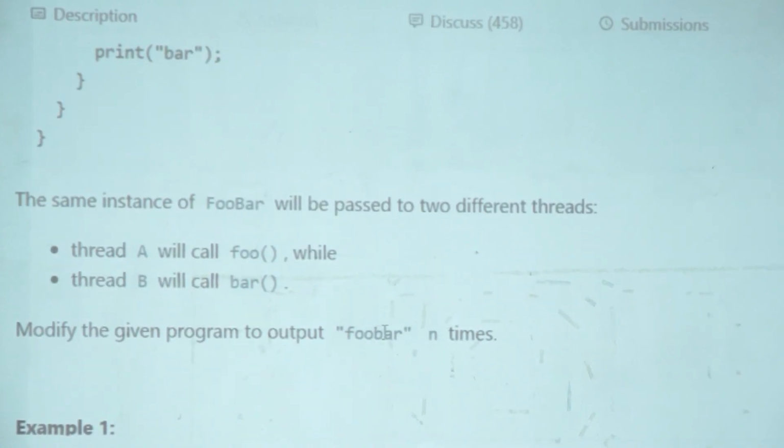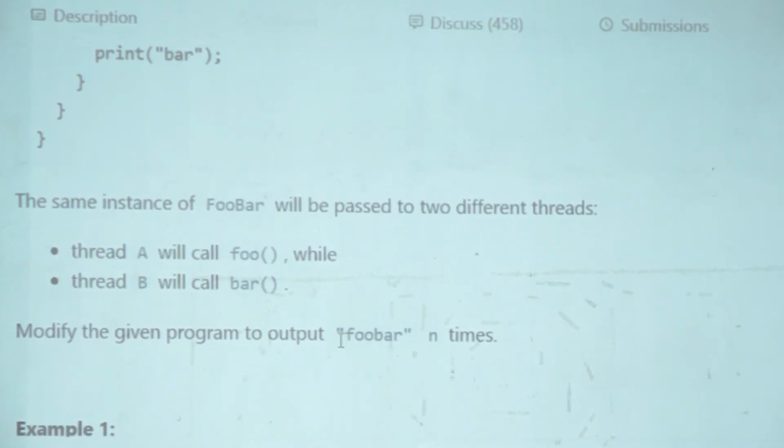So thread A will call foo, thread B will call bar. Output should always come foo bar. Exactly what we did now. Are you understanding? It should never happen foo or bar or foo foo bar. No. It should be foo bar.